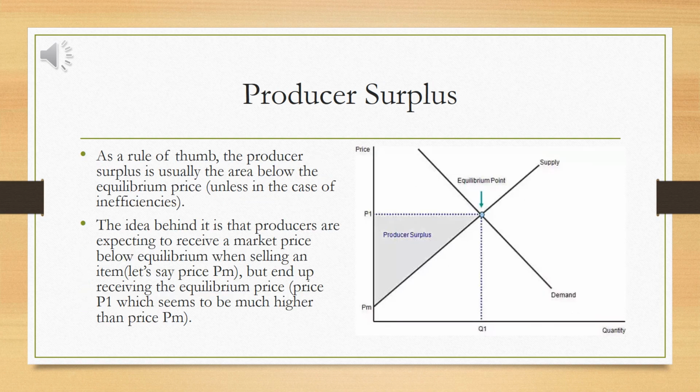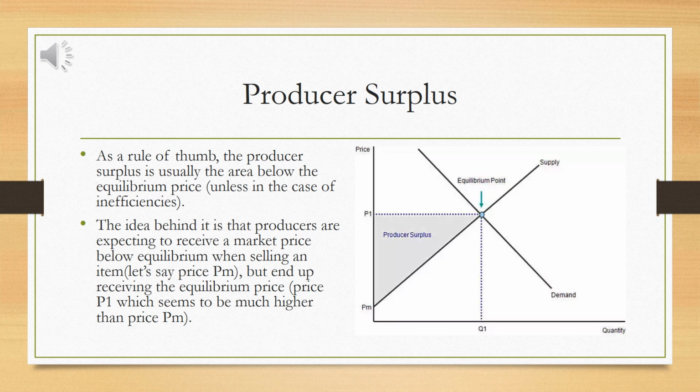As a rule of thumb, the producer surplus is usually the area below the equilibrium price, unless in case of inefficiencies. The idea behind it is that producers are expecting to receive a market price below equilibrium when selling an item, let's say price PM, but they end up receiving the equilibrium price, which is price P1 in this case.